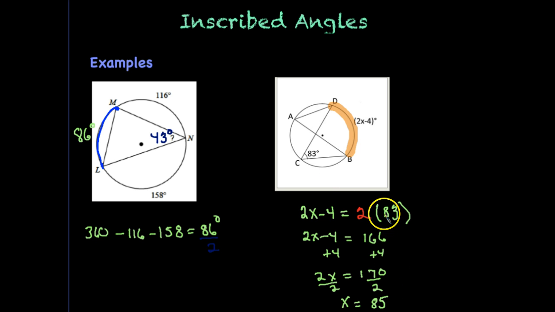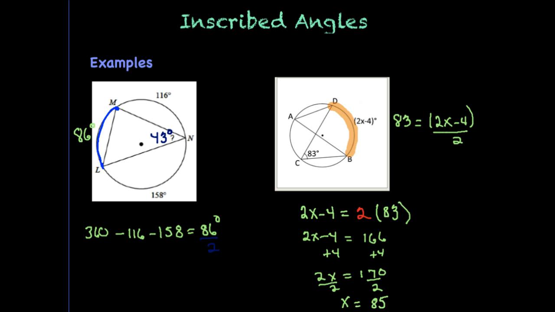So remember the relationship. You can set up an equation to show that relationship. We could have also set it up as 83 is equal to (2x minus 4) divided by 2, since the 83 represents half of its intercepted arc.